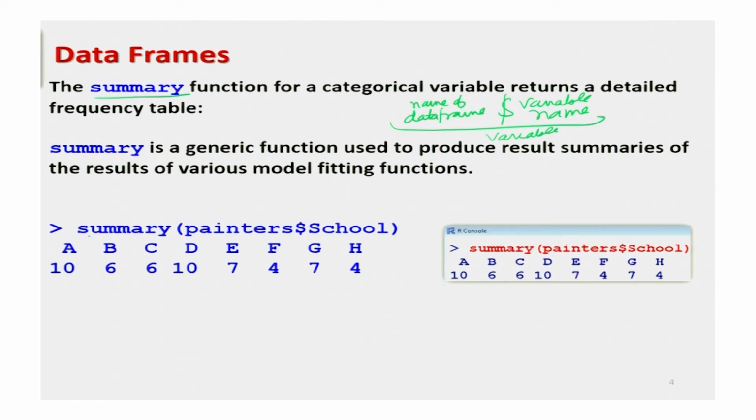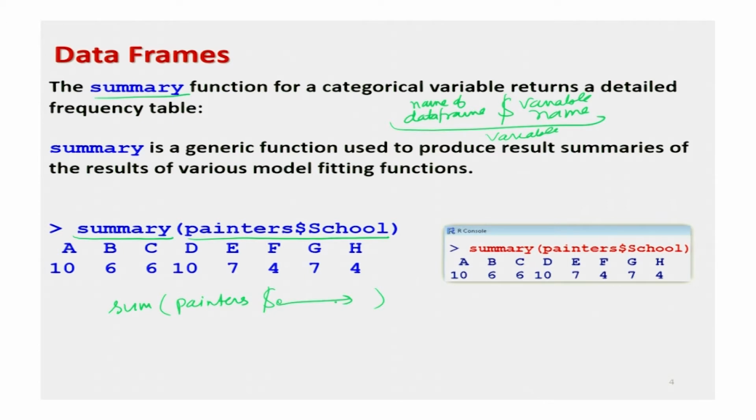You will write summary, and then painters dollar school. Similarly, if you want to find the sum of any value, you will write painters, and then whatever is the name of the variable.